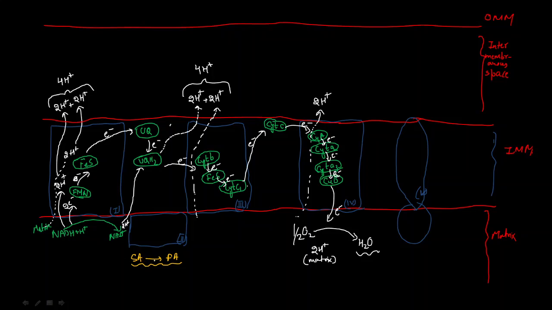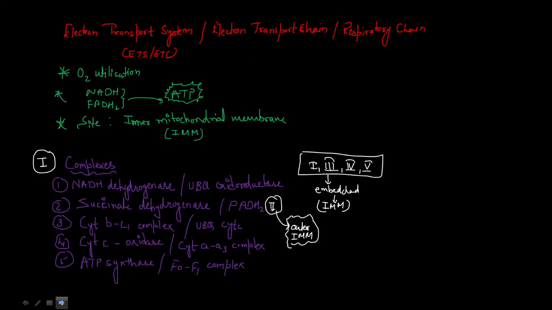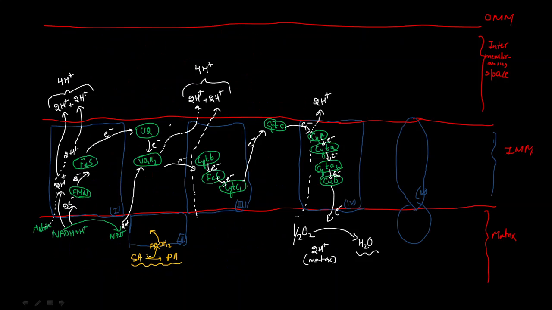As soon as the FADH2 is formed, it is going to release its electron and proton, and it will give them to the second complex, that is succinate dehydrogenase. That is why the name succinate dehydrogenase, because the step was the succinic acid getting converted into fumaric acid.